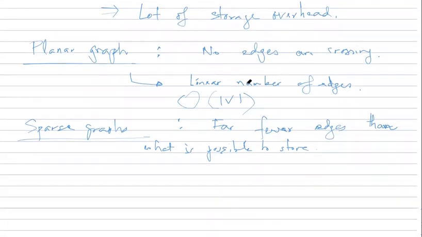So here there will be, you can imagine, maximum space overhead in the adjacency matrix representation. Therefore, we have to think about another representation, and that is the adjacency list. This is a very common choice of representation when it comes to graphs.